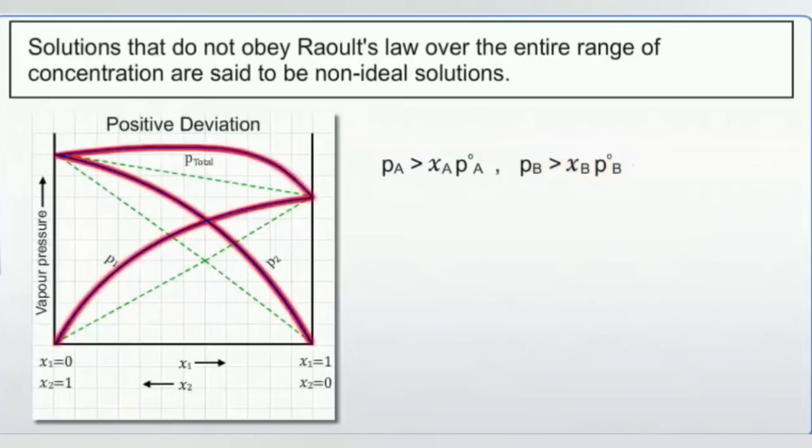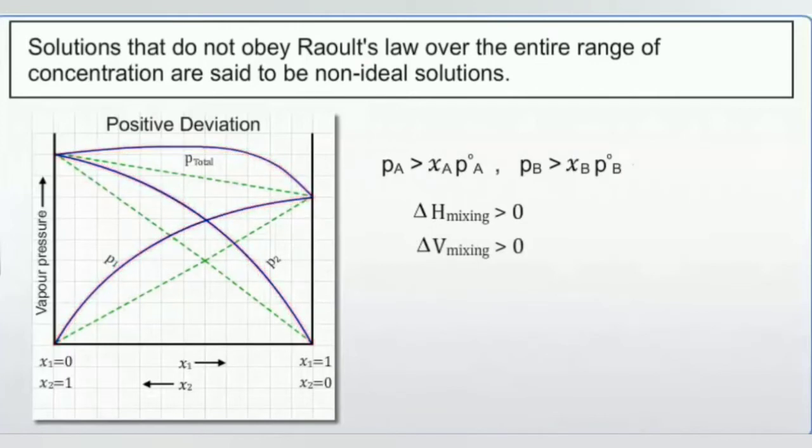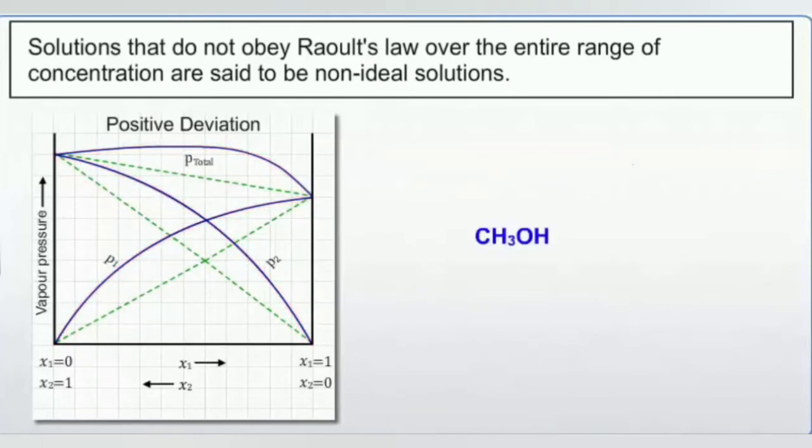For a positive deviation, delta H mixing is greater than 0 and delta V mixing is also greater than 0. Solutions like methanol and water, carbon tetrachloride and chloroform exhibit positive deviation from Raoult's law.